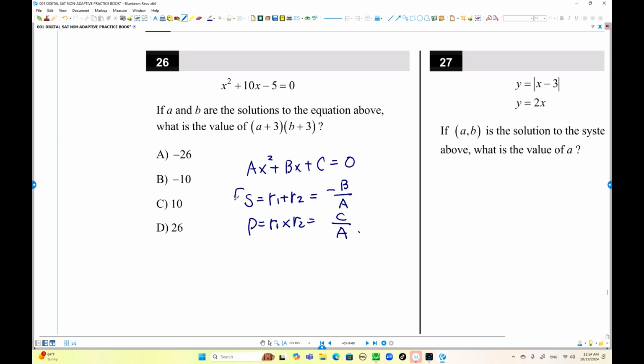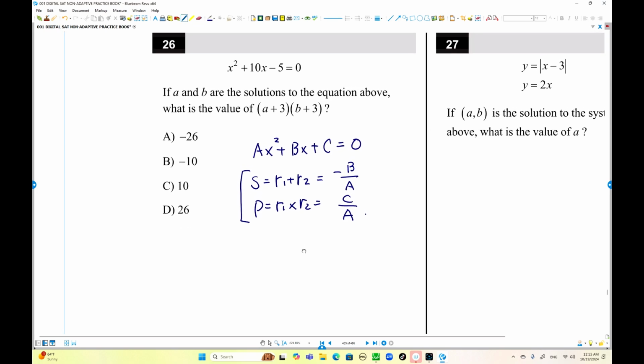For higher degree polynomials, the sign sometimes goes negative; it depends on the degree. Degree 2 is positive, other degrees are negative. But in this case, the sum of roots a plus b equals negative 10 over 1, which is negative 10. The product equals negative 5 over 1, which is negative 5. That's the given.